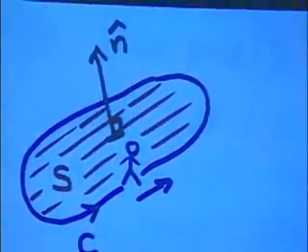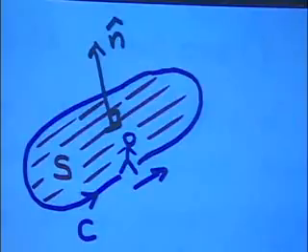Okay, so here's the example. If I'm walking on this curve, it looks like the surface is to my left, and so the normal vector is going towards what's up for me. Okay. Any questions about that?